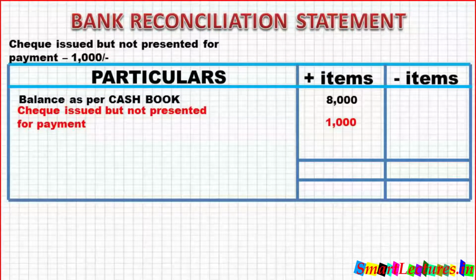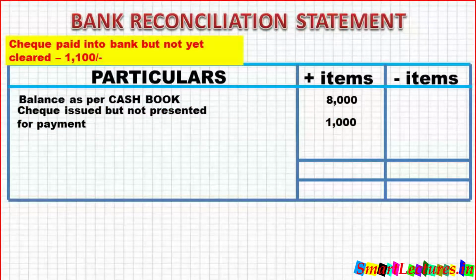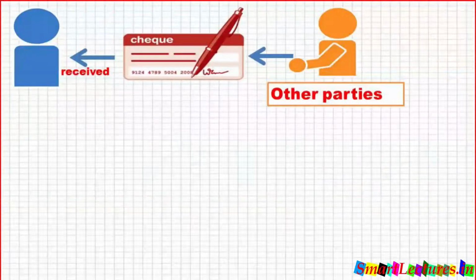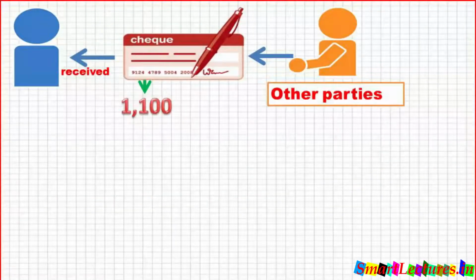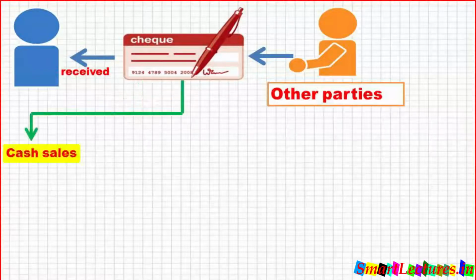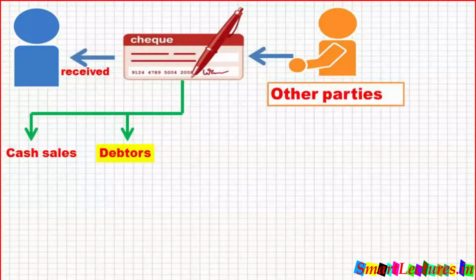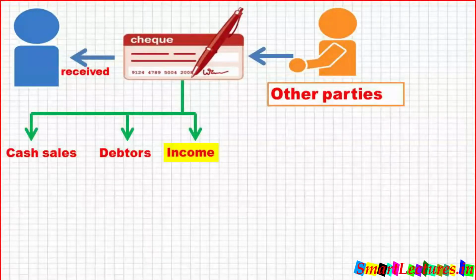Next item, check paid into bank but not yet deposited, 1100. It means we received a check from some party for 1100. Maybe we have got it for cash sales, maybe we have recovered this money from the debtor, or maybe we have received it as an income from somewhere. That's not clear and we have nothing to do with that.